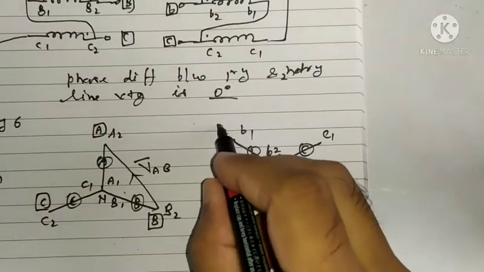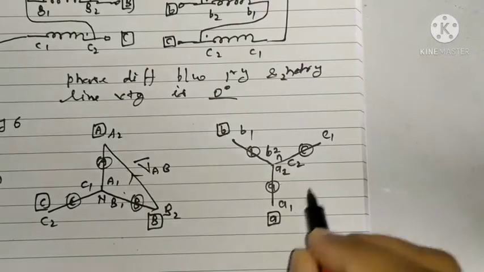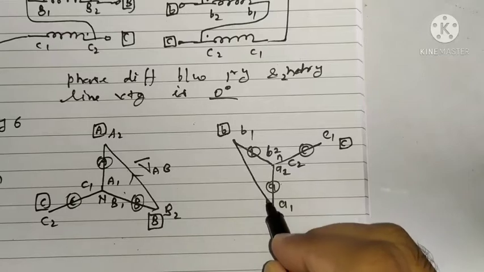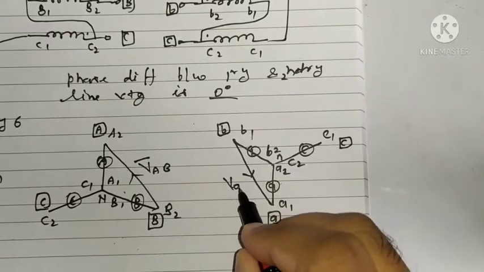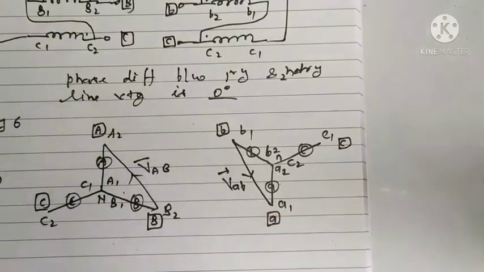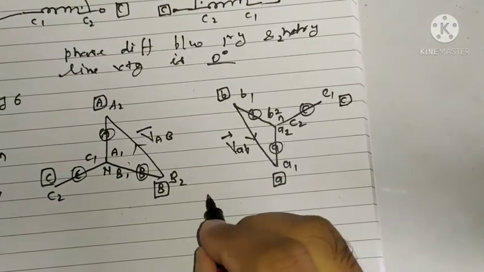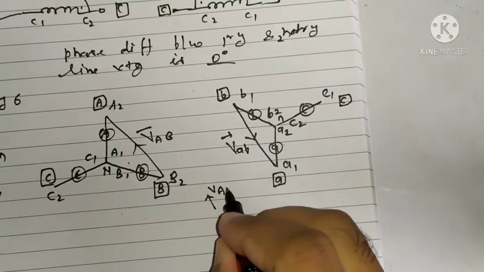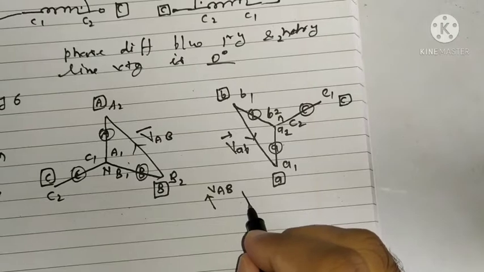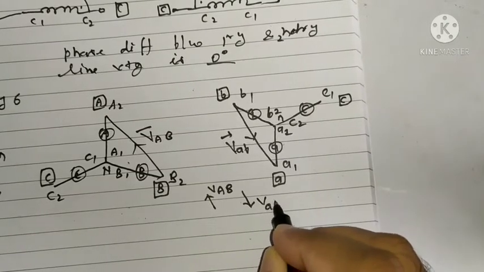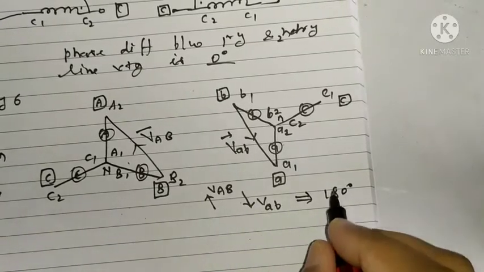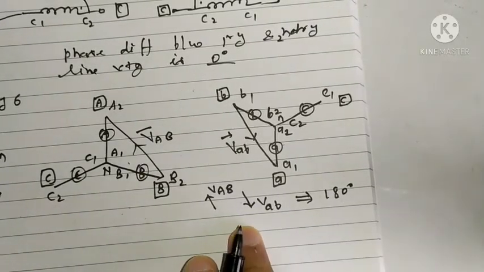It will be B terminal, A terminal, and C terminal, and VAB will be directed to, we can see terminal A is here, so VA will be here. So what we are seeing, VAB primary line voltage and secondary line voltage, the angle between them is 180 degree. They are out of phase, right? Opposite to each other.